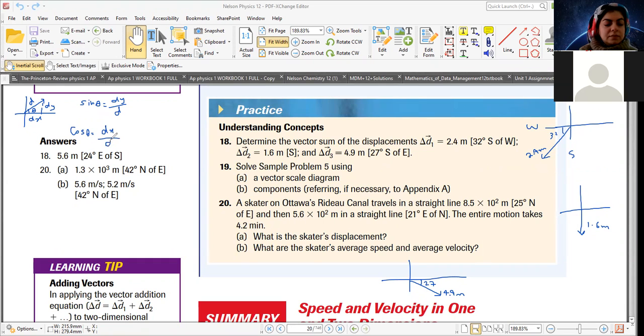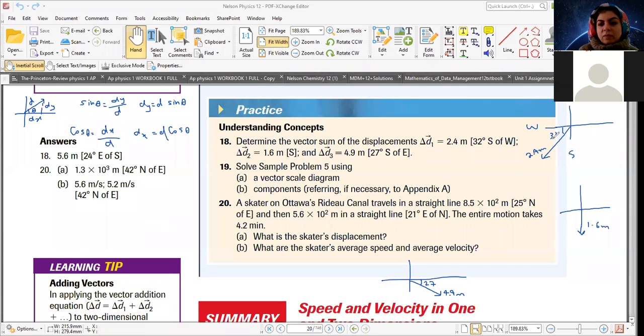Very good. Now, if I rearrange it for dy, dy is d multiplied by sine theta, because dy is opposite, so it's going to be sine. Dx is adjacent, so it's going to be cosine, right? Dx is going to be d cosine theta. Now I'm going to do the same thing here.